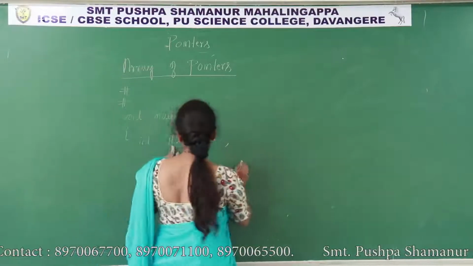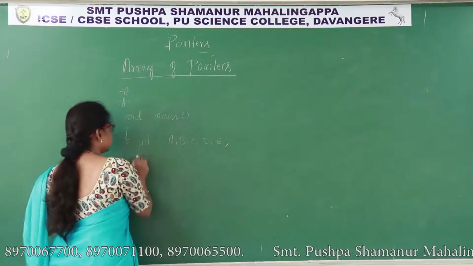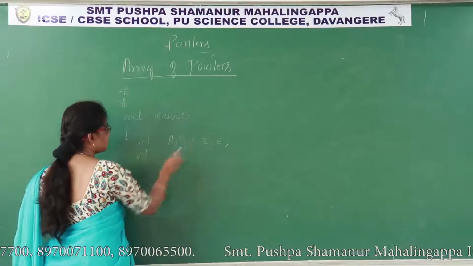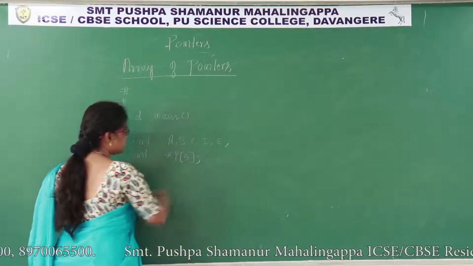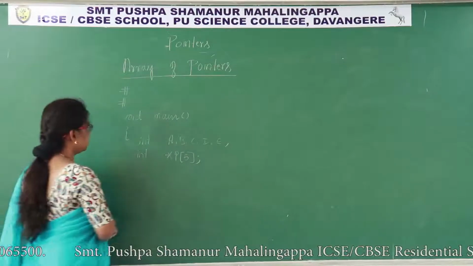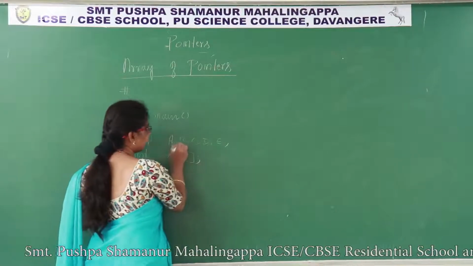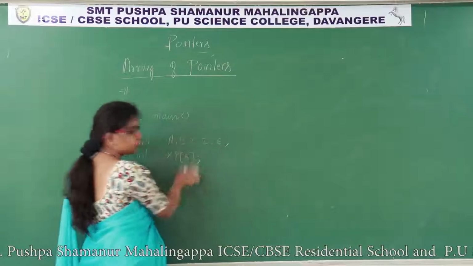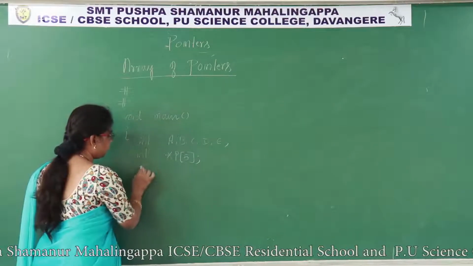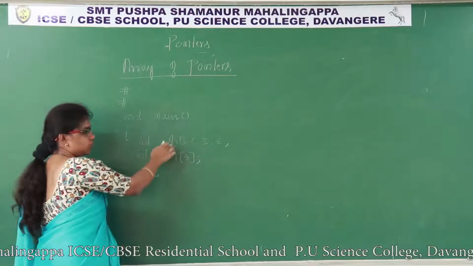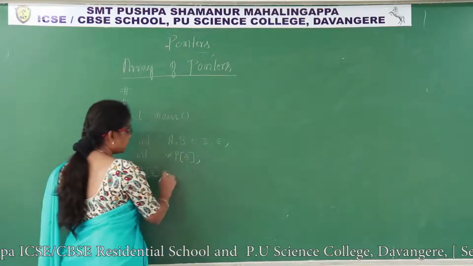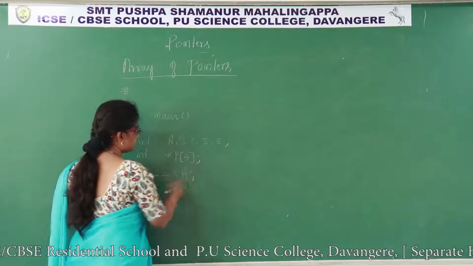The memory allocation I'll show later. Now, to store the address of these 5 variables, I'll take an array of pointers here. Now I have to store the address of each and every variable into this array. P of 0, the first memory, that is A, whose address has to be stored in P of 0. So I must write like this.